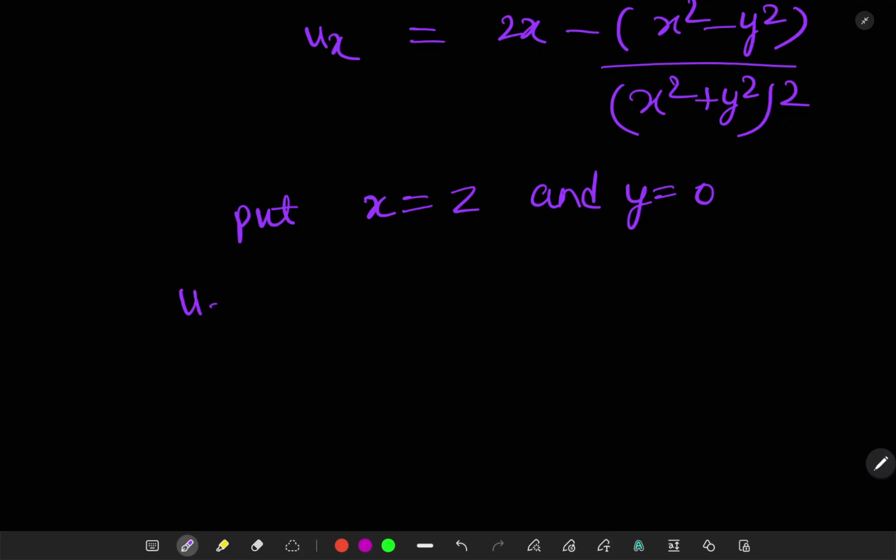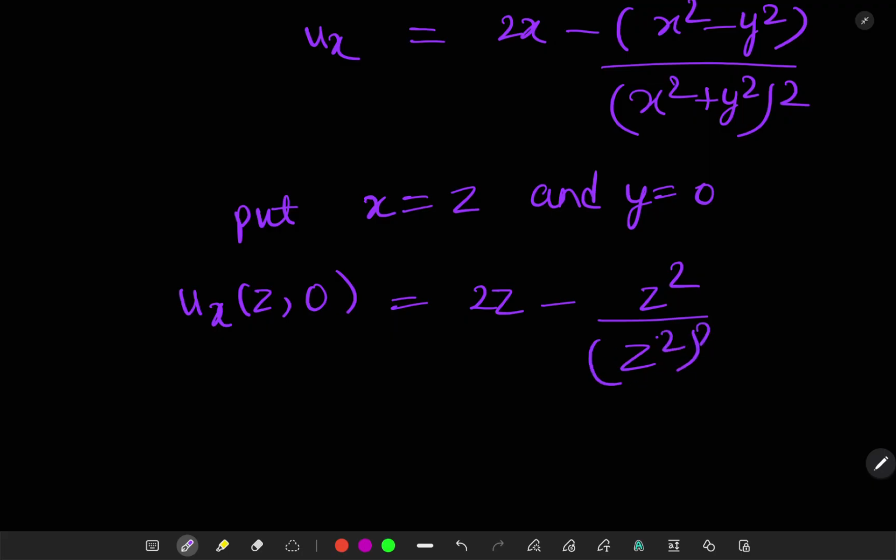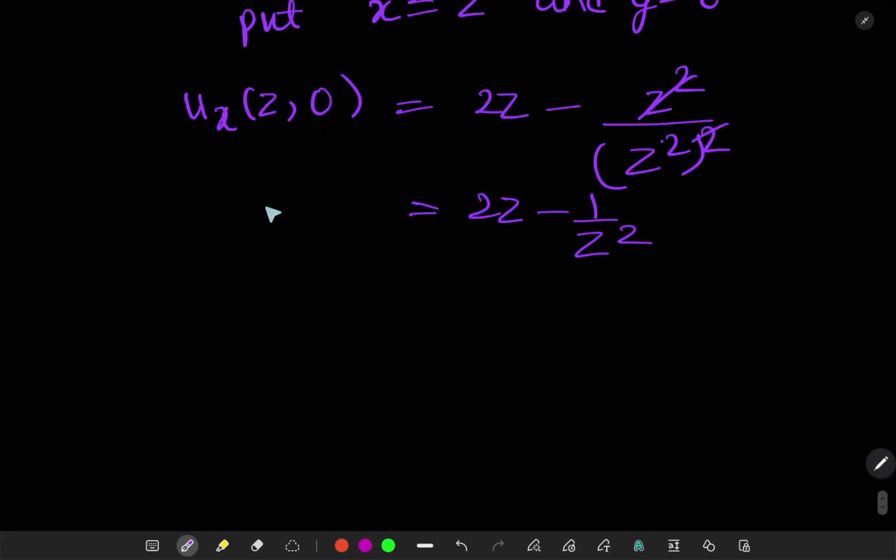So u x at z comma 0 equals to 2z minus z square divided by z square whole square, and this term is cancelled out by this, so we can write here this. Now this is u x at z comma 0.